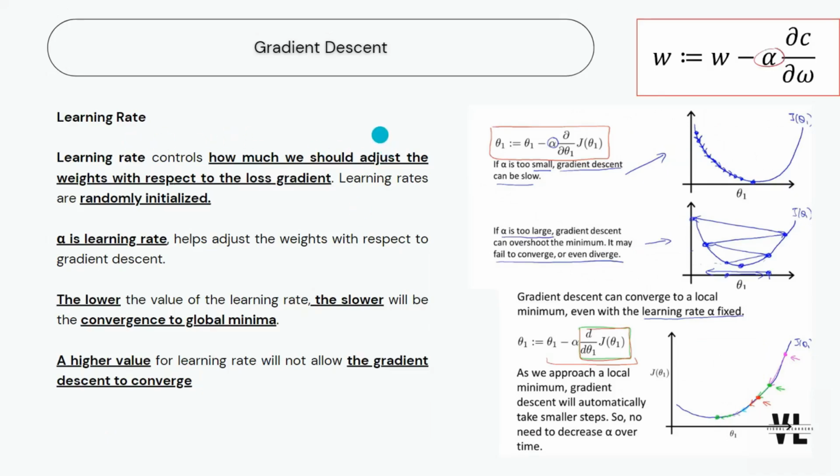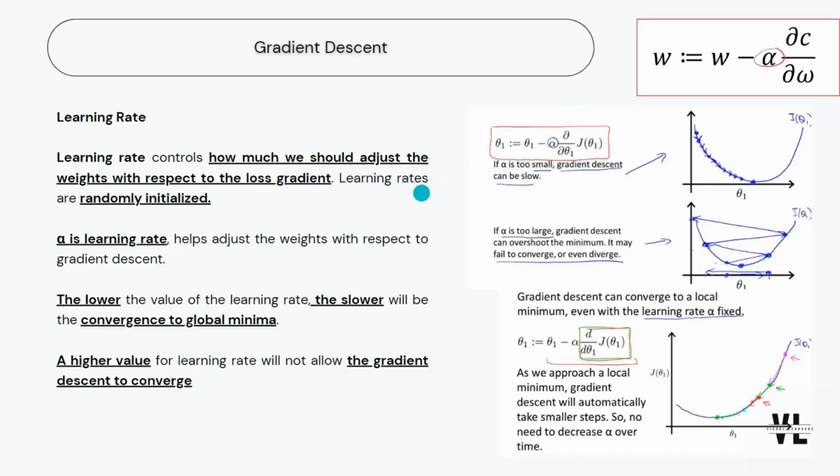So we have talked about gradients in detail, but we haven't talked about the learning rate. Learning rate controls how much we should adjust the weights with respect to the loss gradient. So it basically decides how fast we adjust the weights with respect to the gradients.